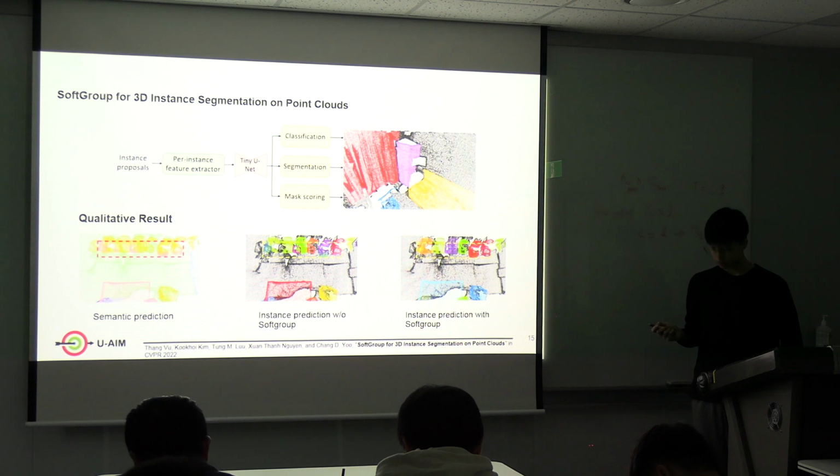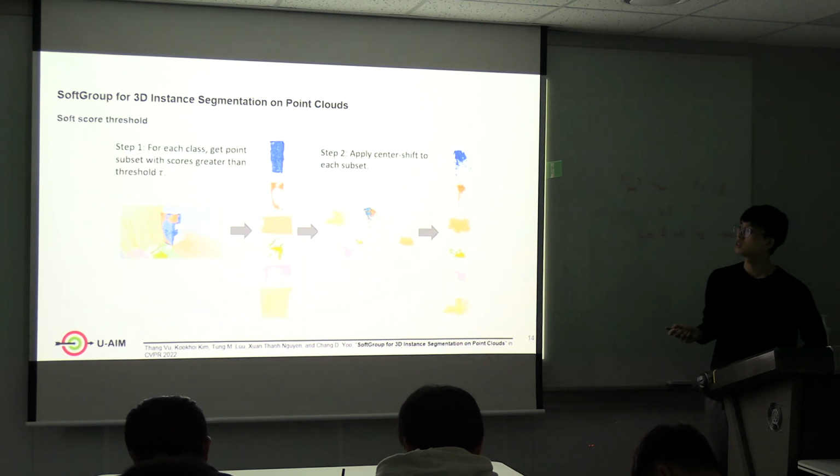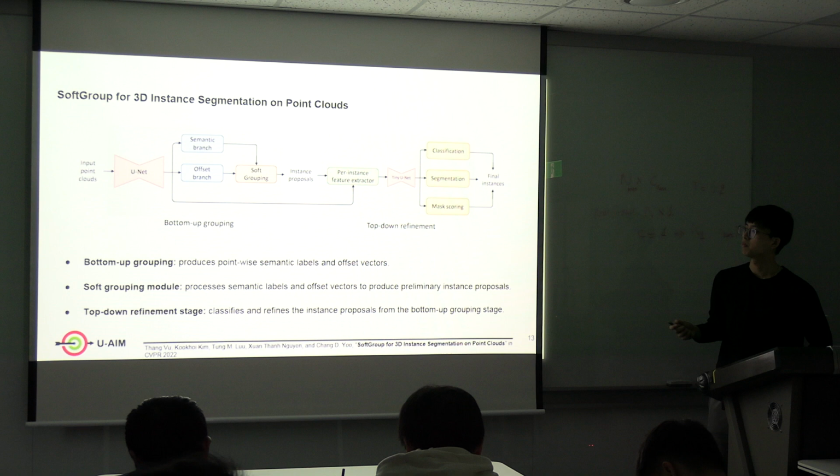So I think this paper is very good because it is based on point group, but just a simple idea to get a very good result. I will show the result in the last.